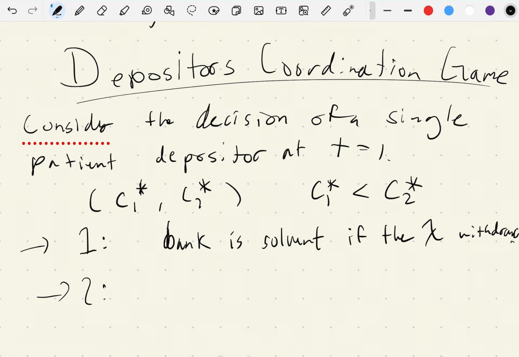So 2, the second scenario would be that she believes all other depositors will run to the bank, okay? So if the other patient depositors panic, right? So if the patient depositors join the suckers, and join the impatient depositors and rush to withdraw at t=1.